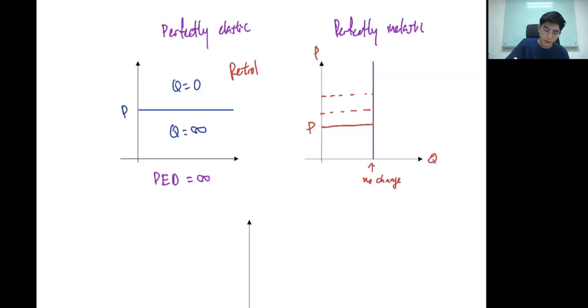That's why this is what we know as perfectly inelastic. The PED of this one is 0. Why? Because there is no percentage change in the quantity demanded. So 0% over the percentage change in price, it will always be 0.